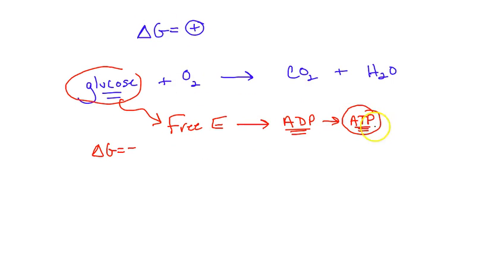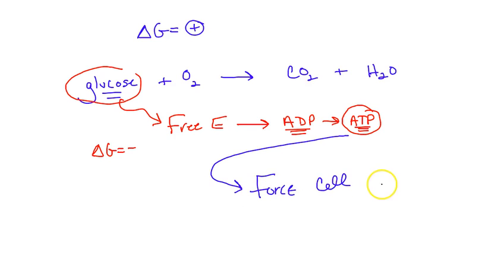Now, what do we do with the ATP? Well, we use the ATP, which has the energy now, to force what? Cellular functions or cellular work. We call this using a what? An exergonic reaction to force an endergonic reaction, and this is very important. This is called energy coupling.